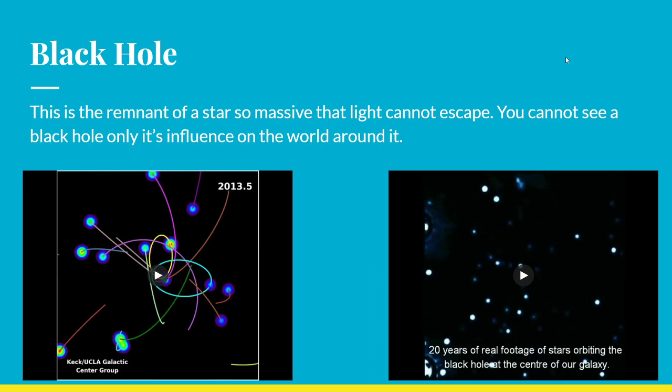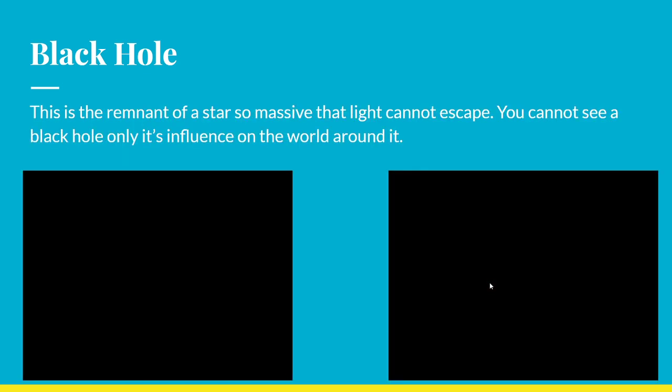A black hole is the remnant of a star so massive that light itself does not escape its pull. And if light's not escaping that gravitational pull, you actually can't see it. It's not emitting any light. But you can see the influence around it. So these are kind of the same videos. We'll play them. Watch the stars.